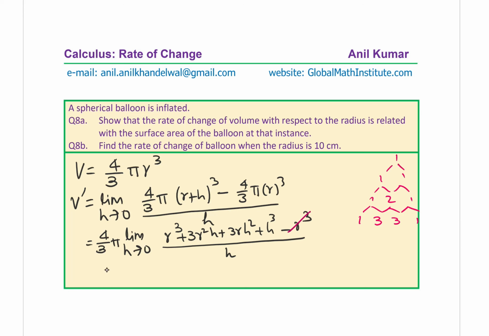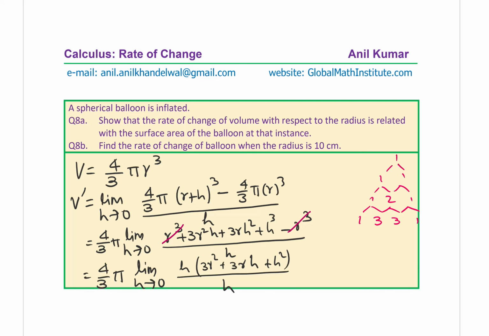So r cube and r cube cancel. What we are left with are terms in which you can take h common and then h will cancel, correct? That's the whole idea. 4 by 3 pi limit h approaches 0, take h common. You get 3r square plus 3r h, because we took 1h common, plus h square, divided by h.